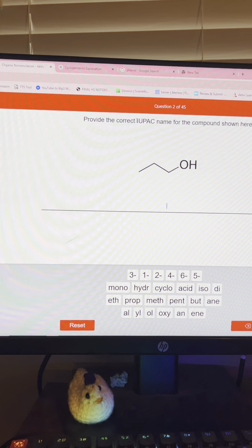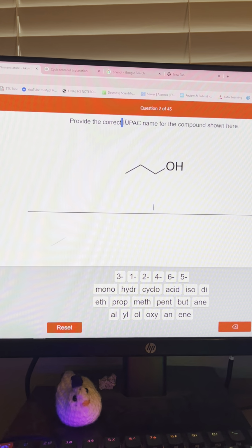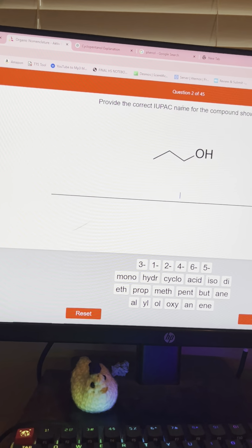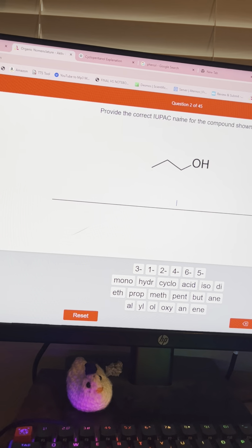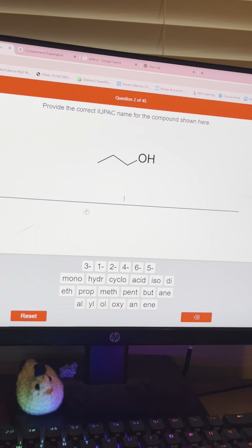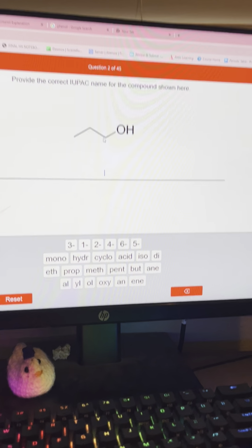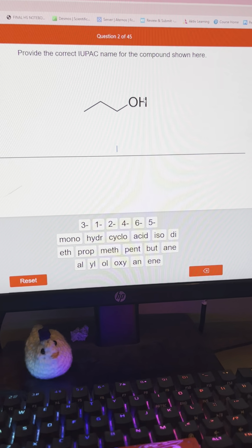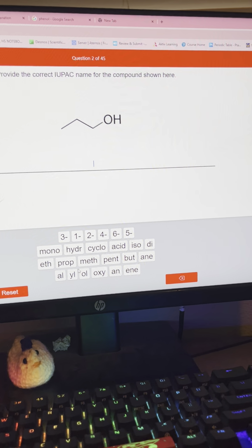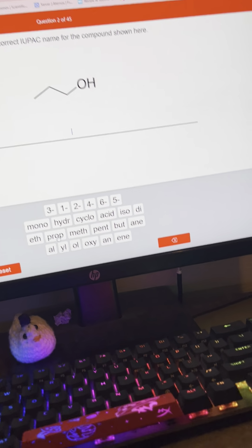But if we're using the IUPAC name, what we have to do is count how many carbons. So we have 1, 2, 3 carbons. Remember, that's not 1 because that's alcohol. So we have 3, and remember 3 is propane, so we have prop.